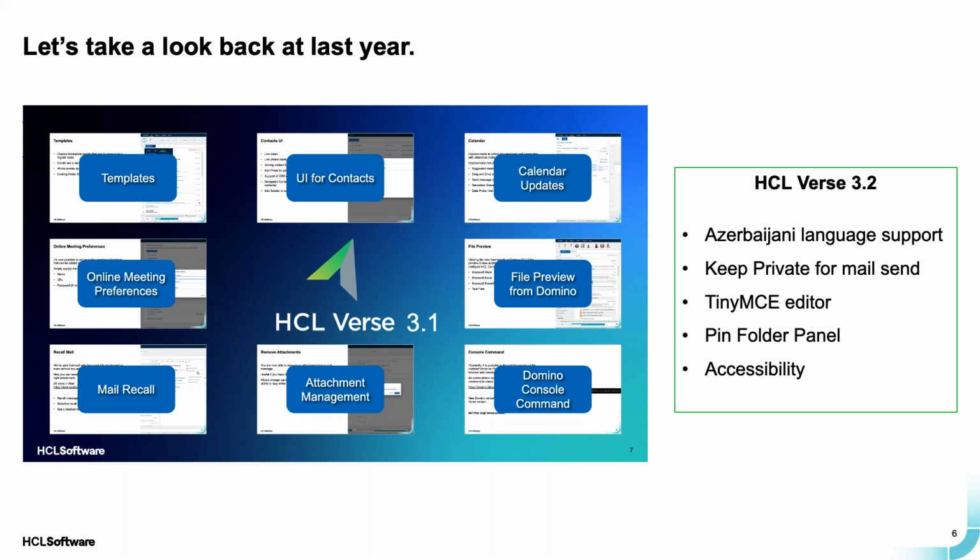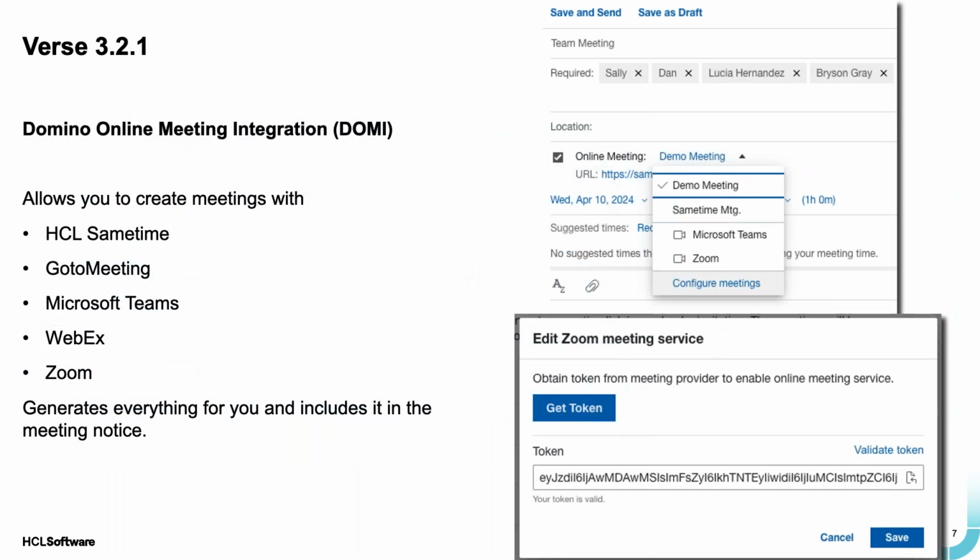So let's take a look at what we've just released. We've just released a version called 3.2.1. And for any of you who have been around for a while, you will know that I presented at Engage last year a roadmap that said that we would have this thing called DOMI, Domino Online Meeting Integration, built into Verse last year.